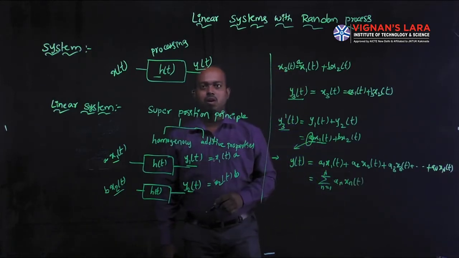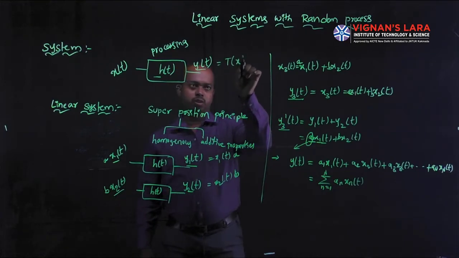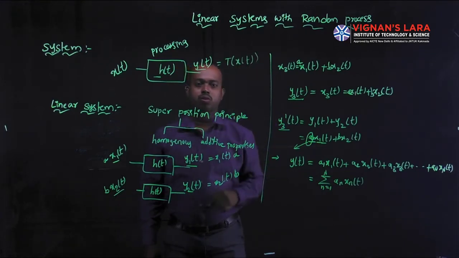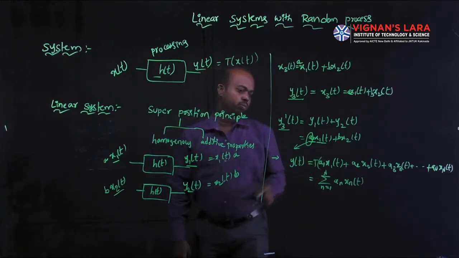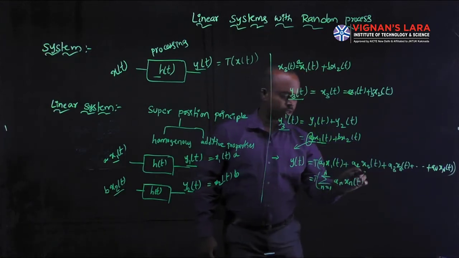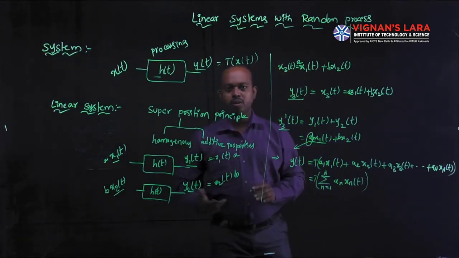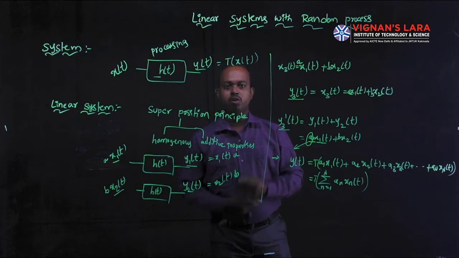Always the output response we represent with a transform of x of t. Here you can also add this transformation, applying the transformation on the input function to get the output. This is another definition for a linear system, otherwise called the system function.